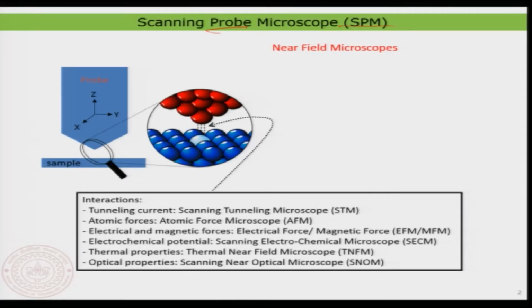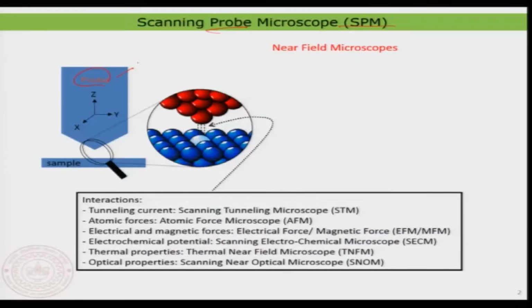That is the general classification, known as SPM. What we do is, instead of using a big probe, we use something known as an atomically sharp tip. The tip can of course be made of different types of material depending on what you want to probe. That is the most important thing to keep in mind.